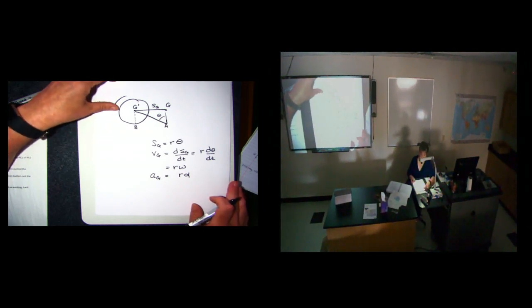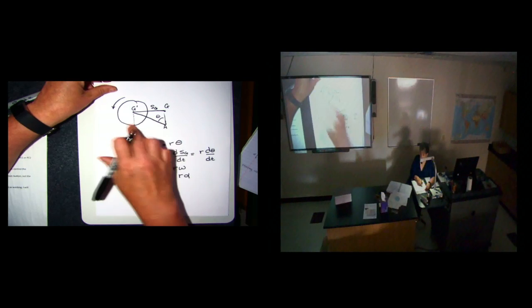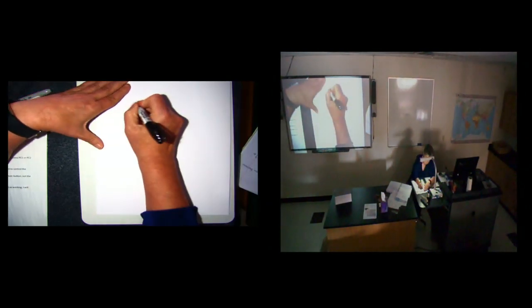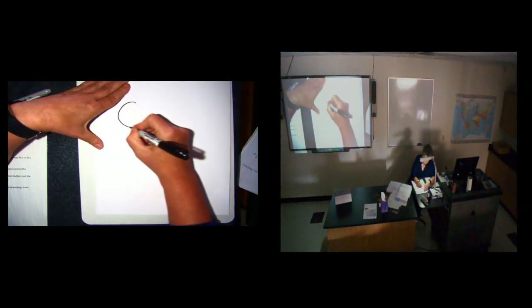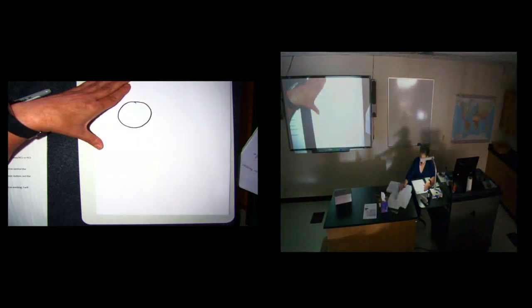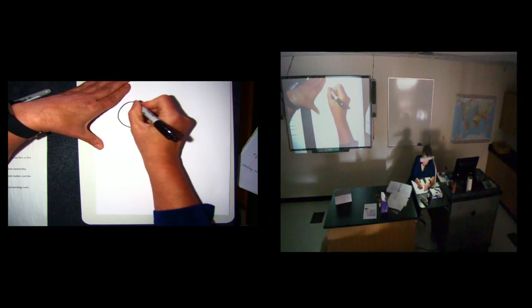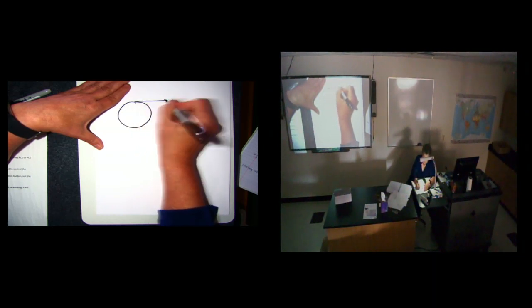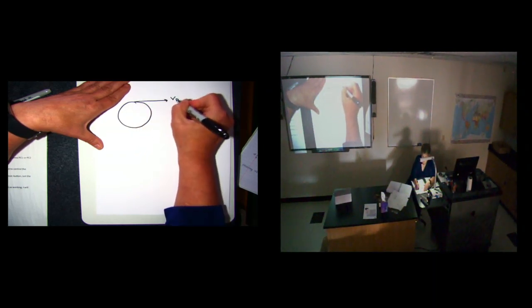This is the center of my roller. This is a distance r, and that's a distance r. As we roll, this is going to move to a new location, and we can draw a triangle that looks like this, and that's the angle through which we rotate.